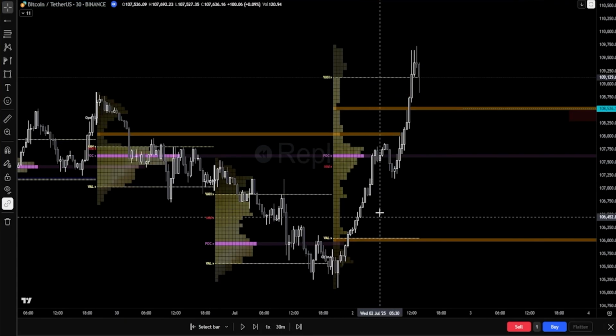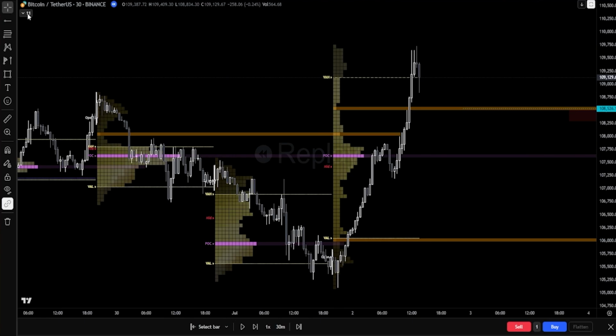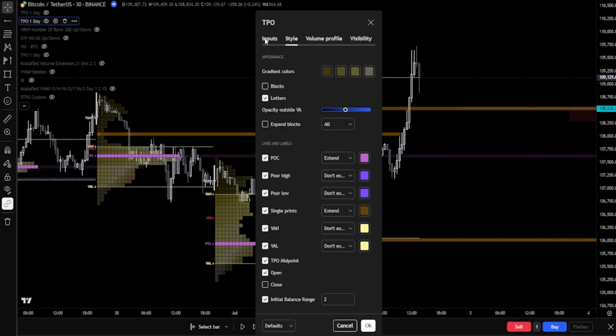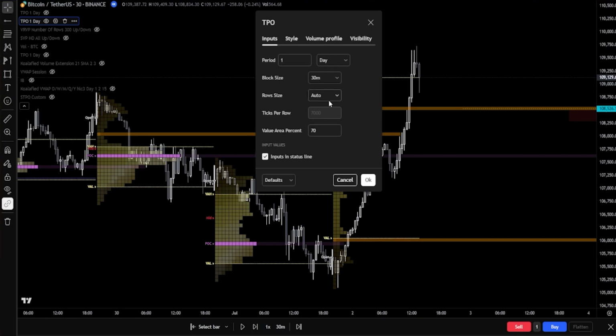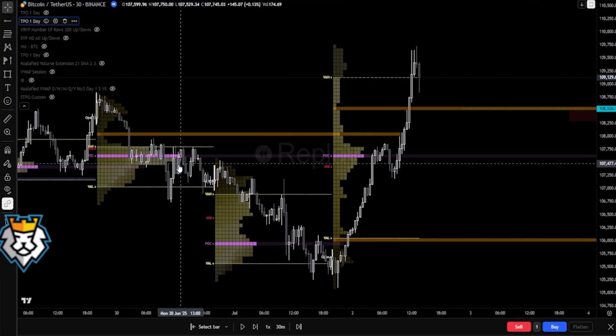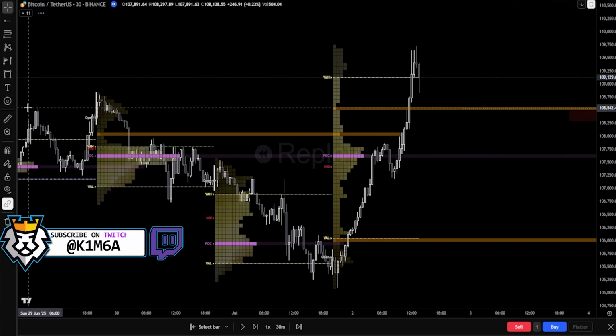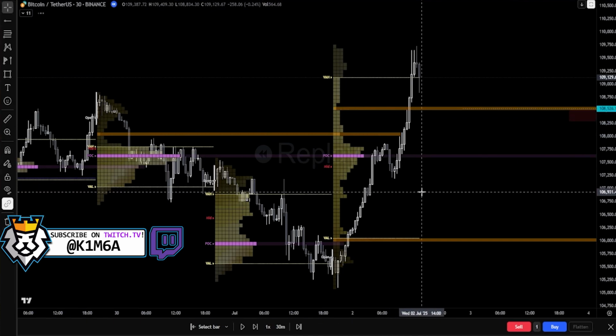Now, if the row size is much smaller, we're going to be able to see a lot more of those single prints that I mentioned. We're going to go 1950. And this is just a little nerd-out trick that I use.